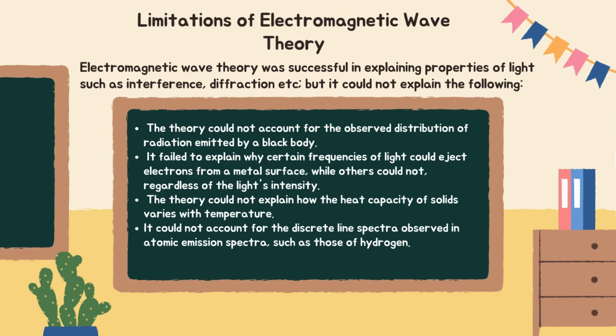It failed to explain why certain frequencies of light could eject electrons from a metal surface, while others could not, regardless of the light's intensity. 3. The theory could not explain how the heat capacity of solids varies with temperature. 4. It could not account for the discrete line spectra observed in atomic emission spectra, such as those of hydrogen.